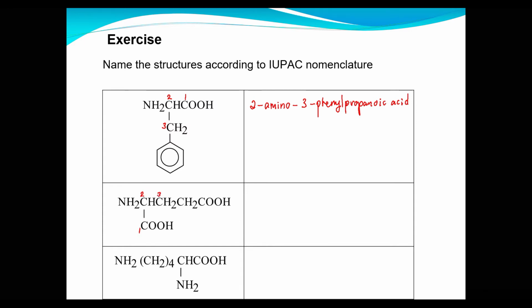Go on with carbon number 3, 4, and 5. So this will be named as 2-aminopentanedioic acid.